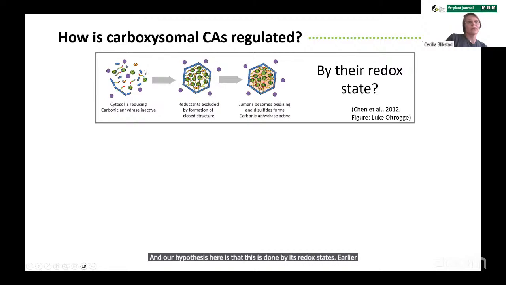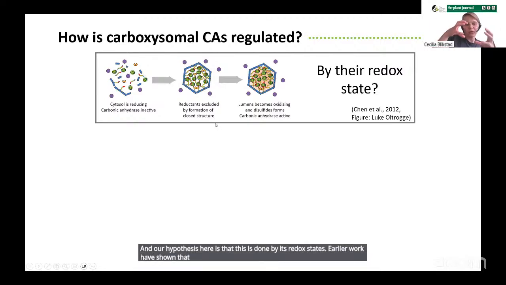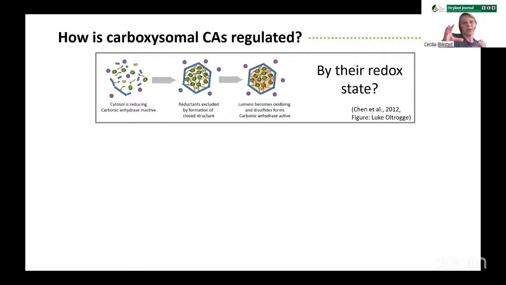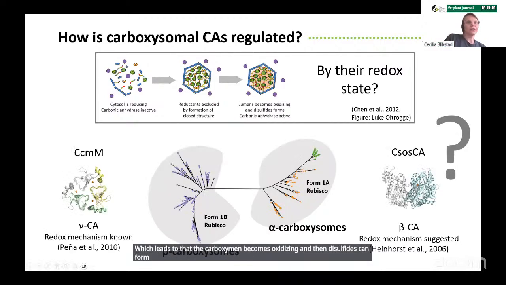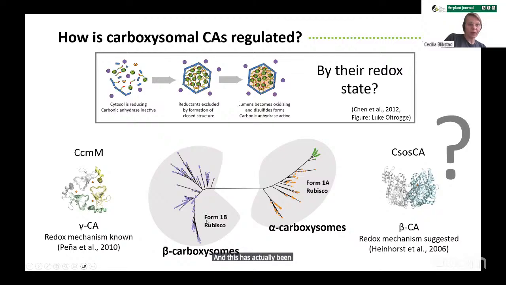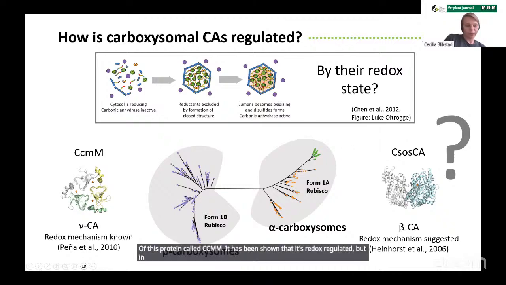Earlier work has shown that when the carboxysome is fully assembled, this excludes reductants, which leads to the carboxysome lumen becoming oxidizing, and then disulfides can form. This has actually been shown in beta carboxysomes for the protein called CcmM. It has been shown that it's redox regulated, but in alpha carboxysomes, the mechanism for this has been unknown.